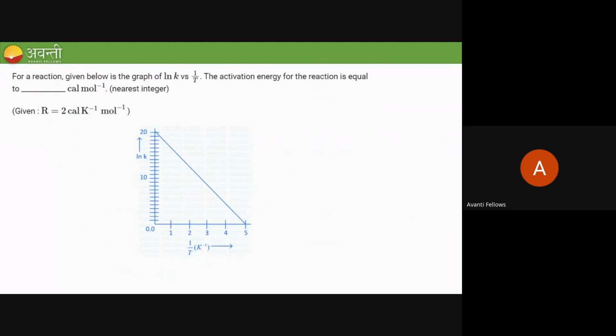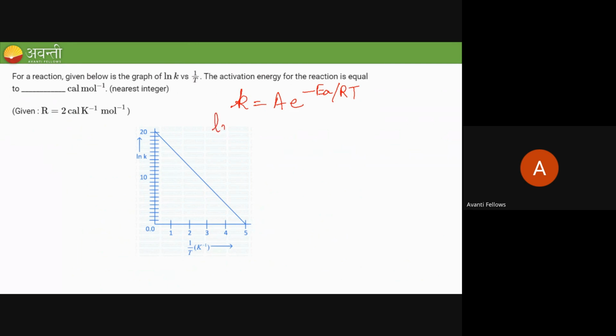Coming to the next question. For a reaction given below is the graph for ln K versus 1 by T. The activation energy for the reaction is equal to? So again, we have to use the Arrhenius relation. K is equal to A into e power minus Ea by RT.